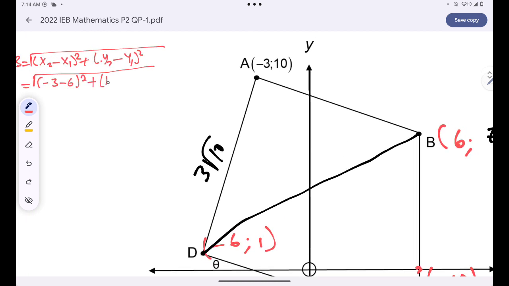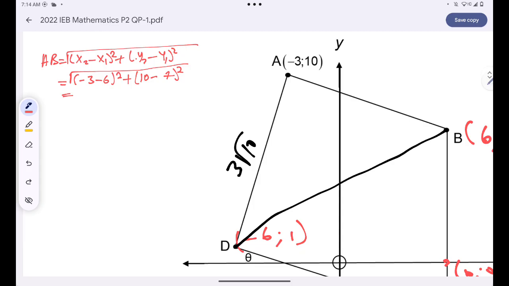And then I'll say 10 minus 7. What will this give me? Negative 3 minus 6 all squared plus 10 minus 7 all squared. Oh yeah, AB is equal to 3 root 10.